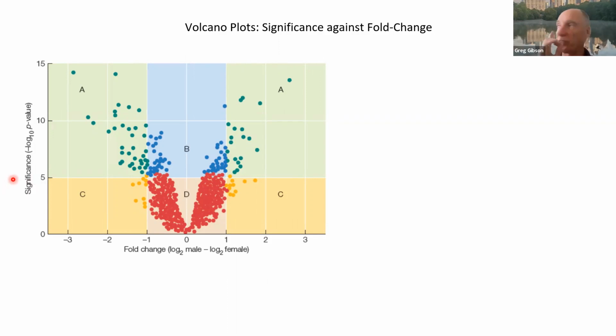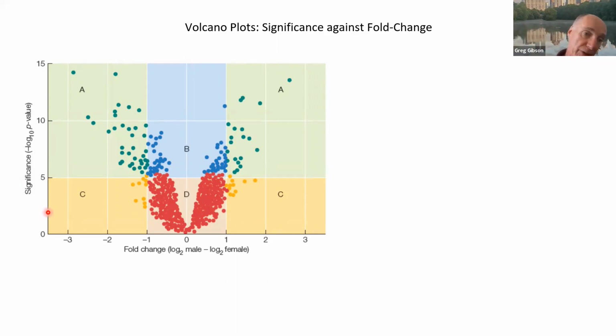If you're just testing one thing at a time, then if I see a result only 1 in 20 times in replications of my data set, that's rare, and I'll accept that as a significant result. But if I'm now evaluating 10,000 genes, I expect to see 1 in 20 of those at that 0.05 cutoff, which would be 500 genes significant at 0.05.